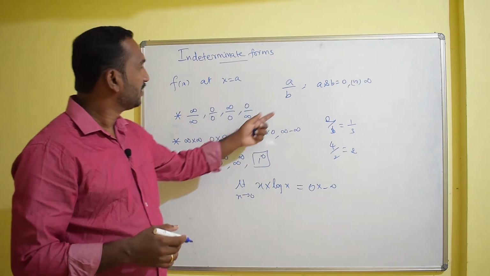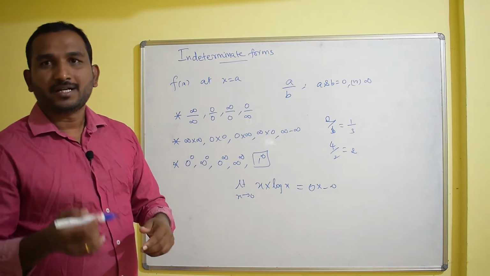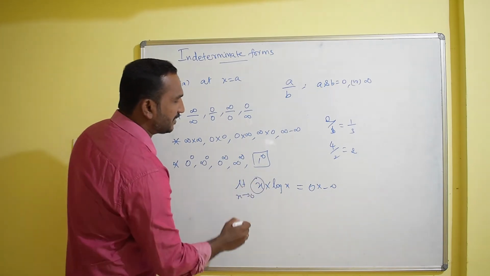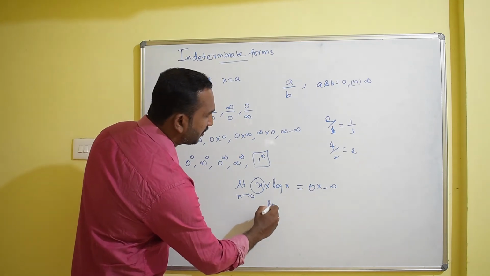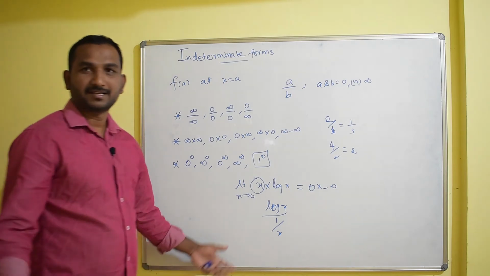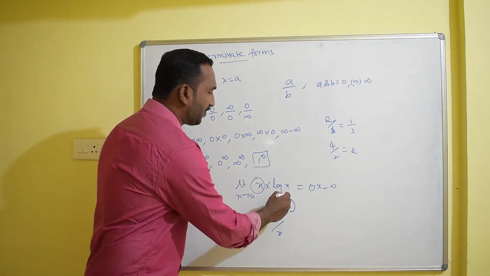We can apply L'Hospital's rule only once we bring the form to a by b, that means one among these four. So then only it is possible to apply L'Hospital's rule. How can I bring it? I can write this as log x divided by 1 over x. Yes, obviously we can write it, correct? If you simplify, you will again get the original form.